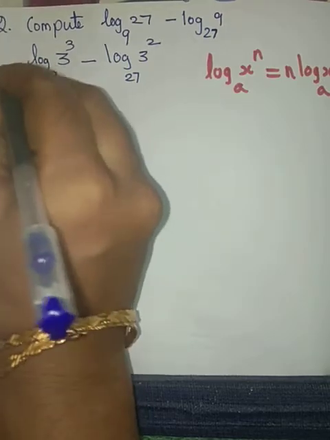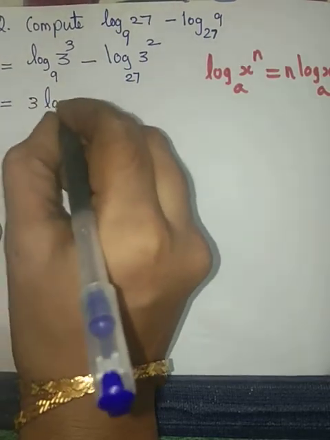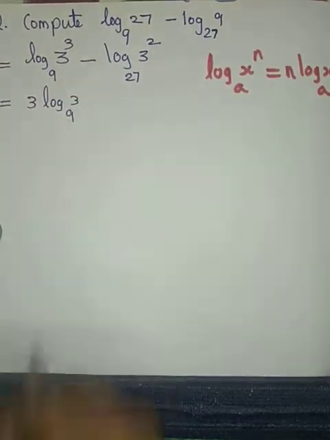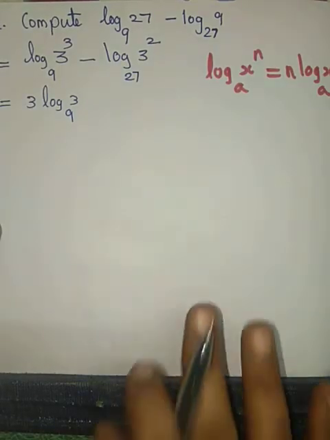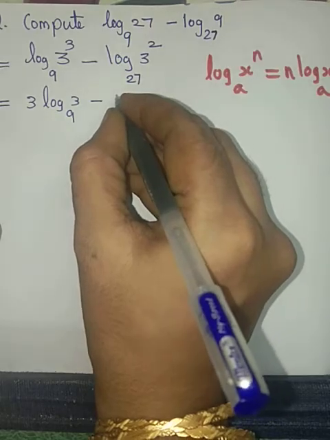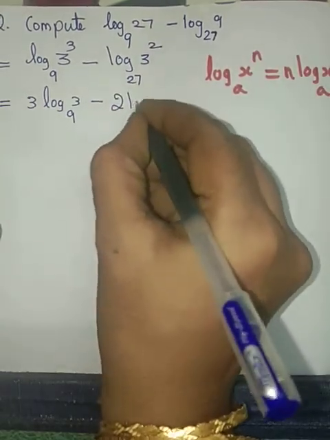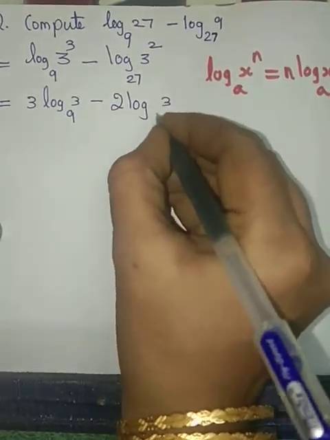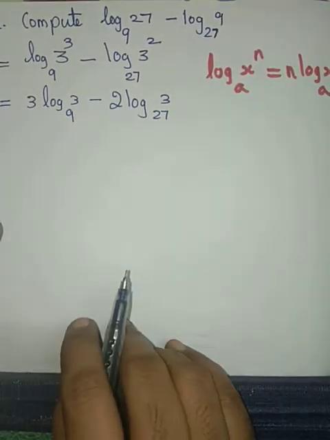So I will have 3 log 3 to the base 9. In the same manner, this I can write as minus log, this power 2 will come to the front, 2 log 3 to the base 27.